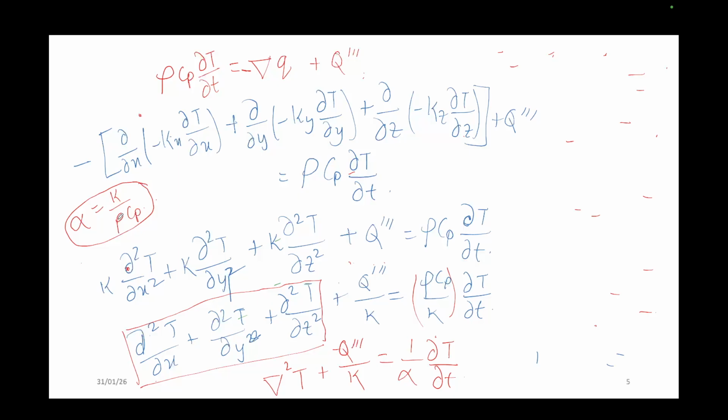Say you are conducting 100 joules of energy into a system, and it is storing 20 joules there, so that is represented by alpha. If alpha is more, what does that indicate?